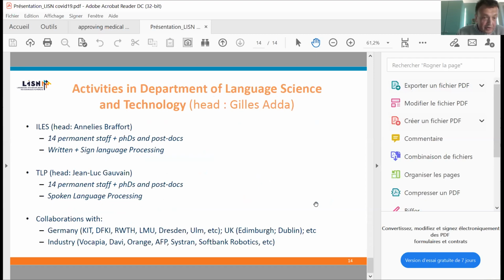It represents about 60 people, which is quite large for research, but very small if you compare that with what the GAFAM are doing. For instance, at Amazon, it is said that there are about 10,000 people working on language. And that's all for me.